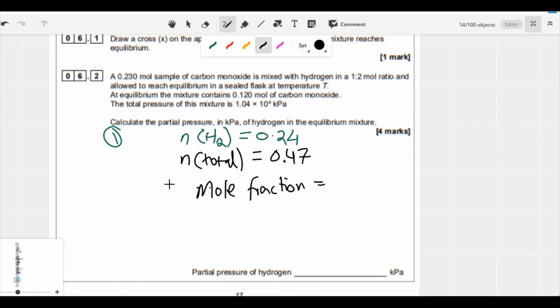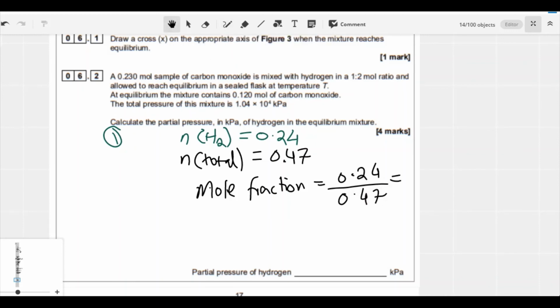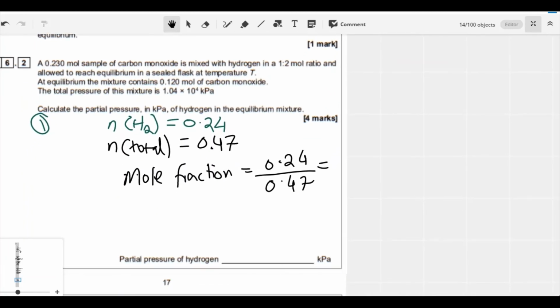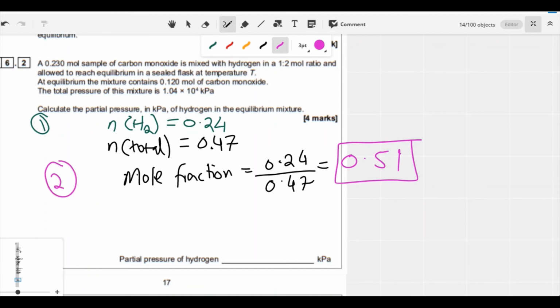So here I am going to write 0.24 divided by 0.47. Let me calculate it. So that will equal 0.51. Okay, that is your second step, you need to find the mole fraction.